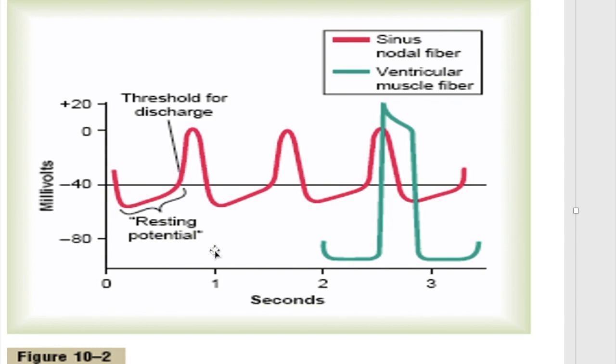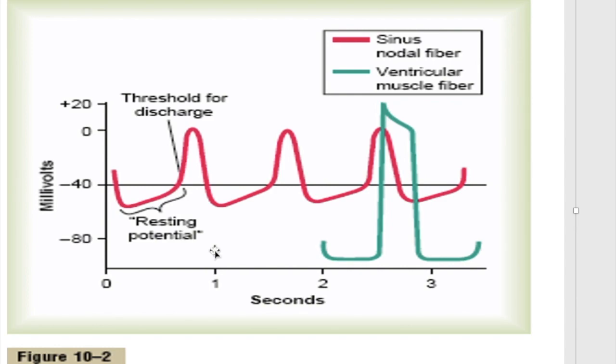This happens in phase 3, and it is affected by a potassium current. The interval between beats is termed phase 4, right? So phase 4 is the resting phase. It forms the interval between the beats.